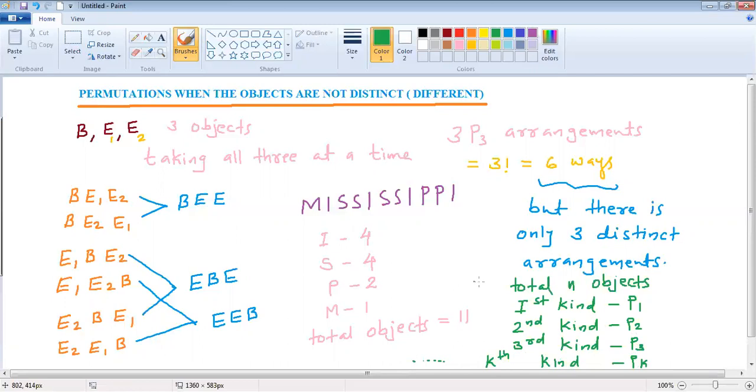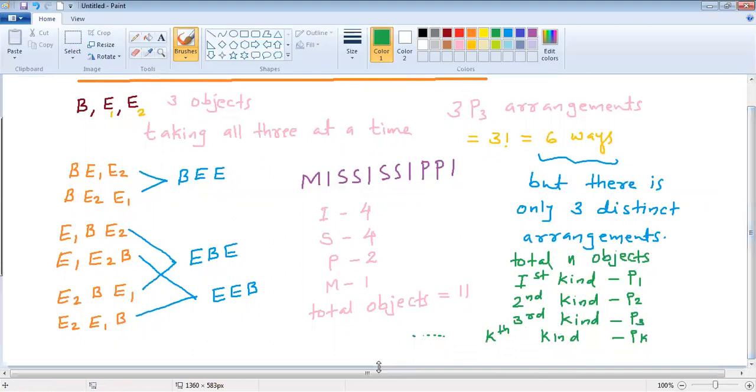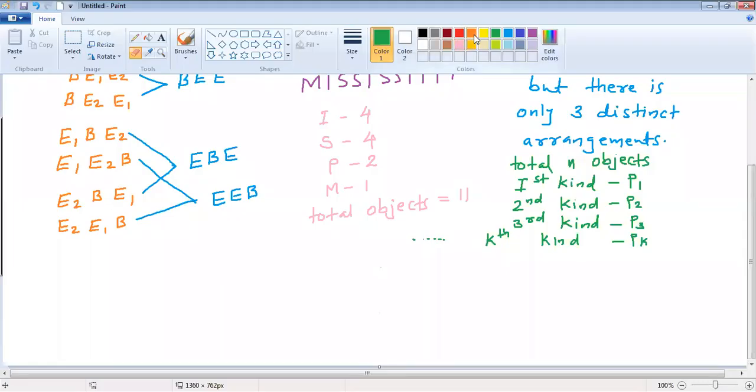I'll write it below. Just 1 second. So we can say like this. So the number of distinct permutations.